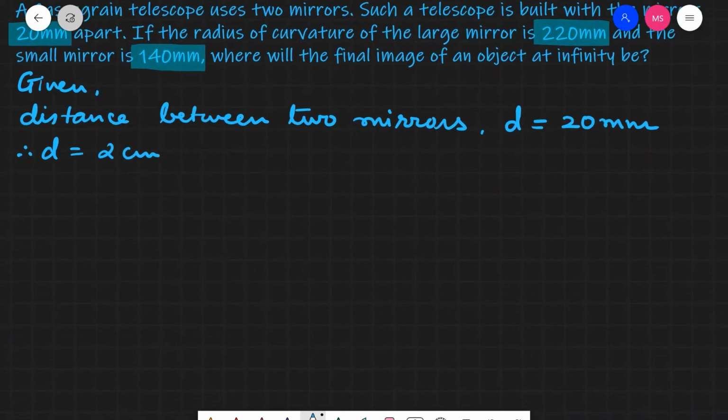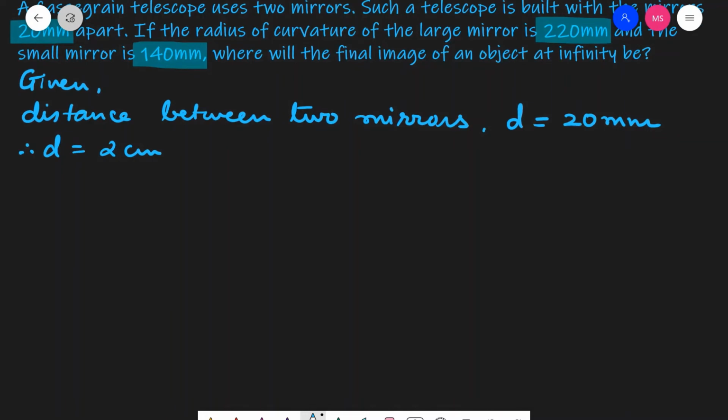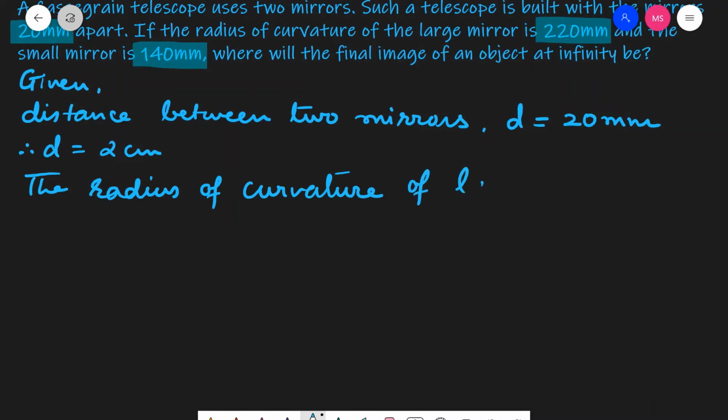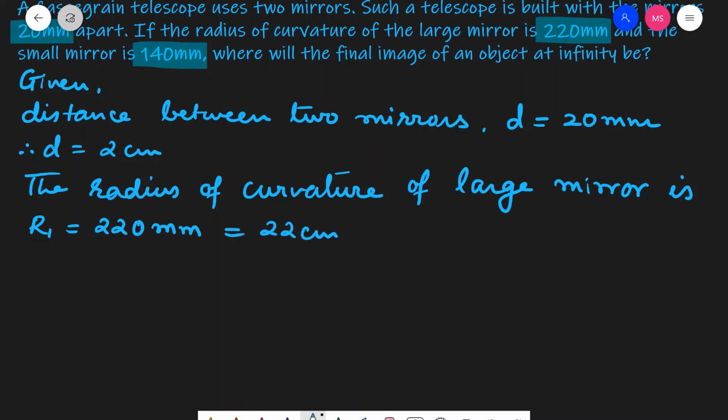Now the radius of curvature of larger mirror is 220 mm. Let us say R1 is equal to 220 mm. So that is equal to 22 centimeter.